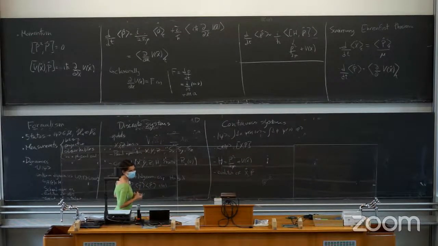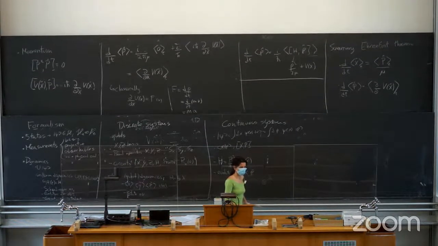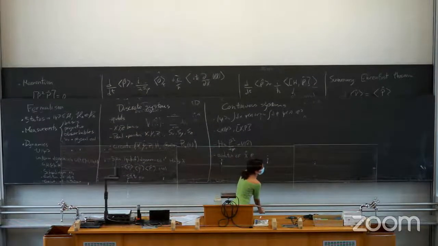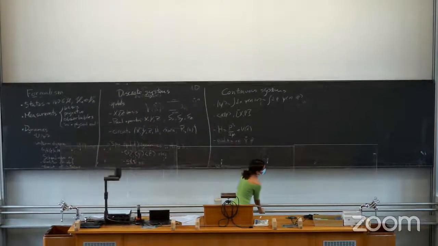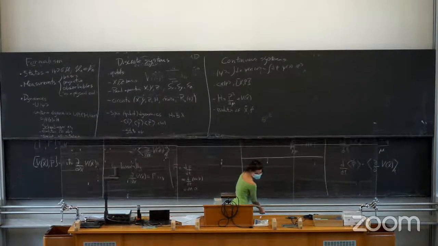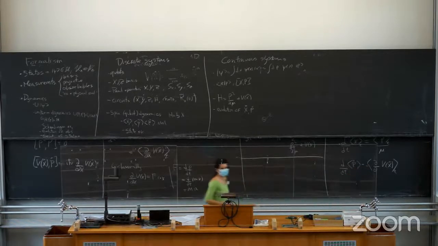And the Ehrenfest theorem actually has a minus sign for the momentum force. Okay, thank you. So if you didn't hear this at home, there's a minus sign here, and the other one is in this commutator. Very good, thanks. Good job.